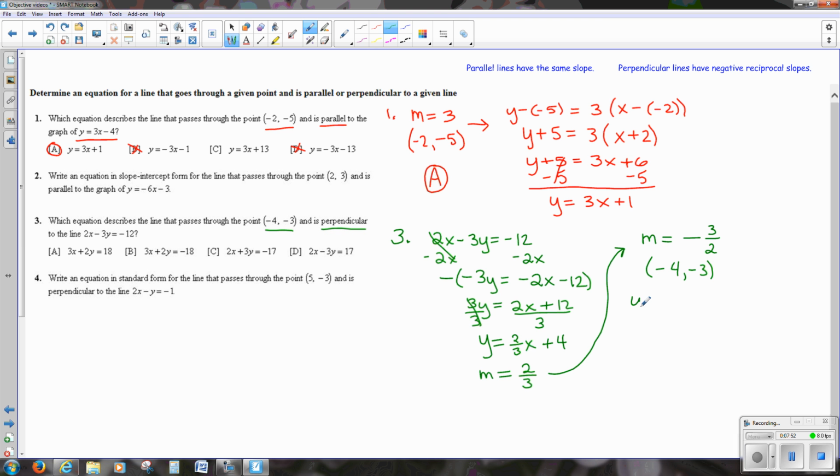And now since we have a point and a slope, we're going to put it in point slope form. So y minus our y value, -3, equals m, which is -3 halves, times x minus the x value, which is -4.